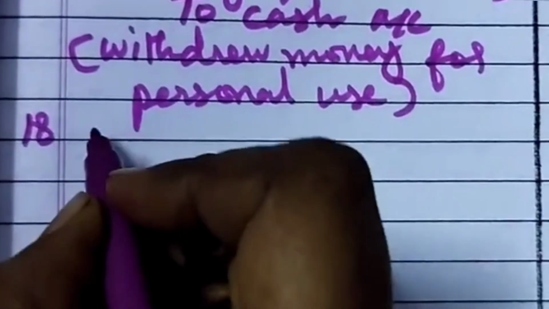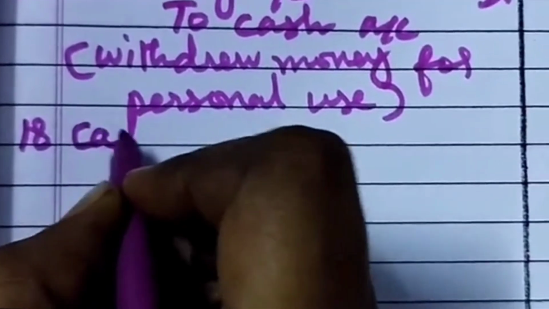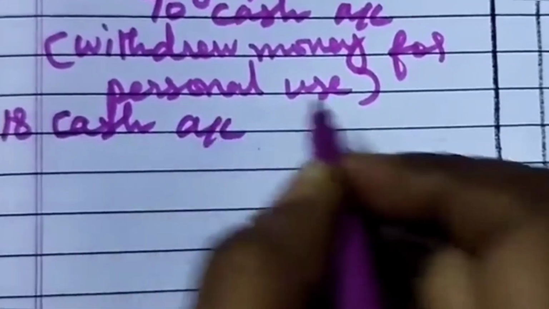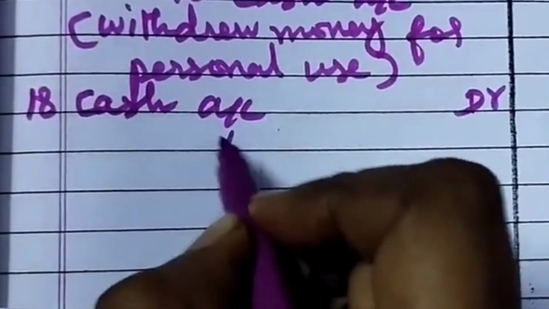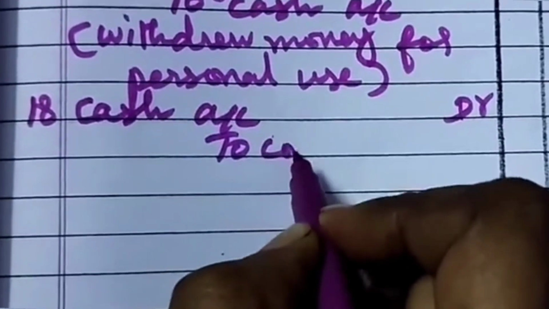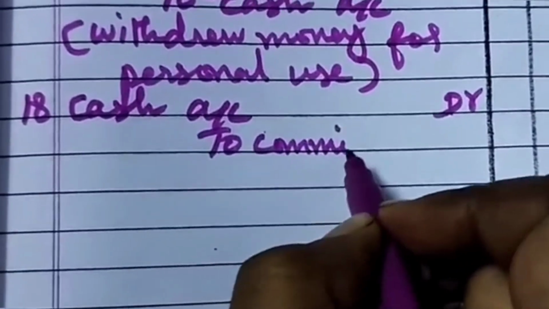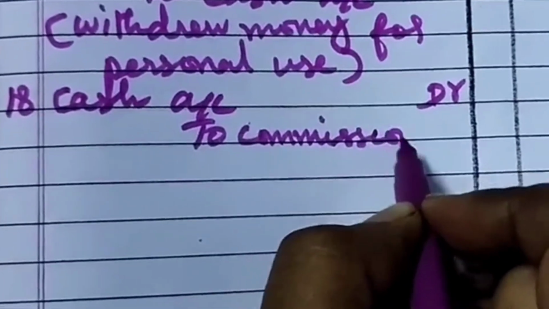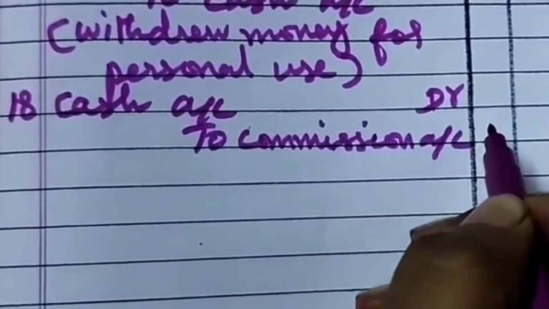What is the date? 18th. So we received commission. So cash we received. Cash account debtor to commission account. Because commission is a income as per nominal account. Credit all incomes and gain. So commission account should be credited.